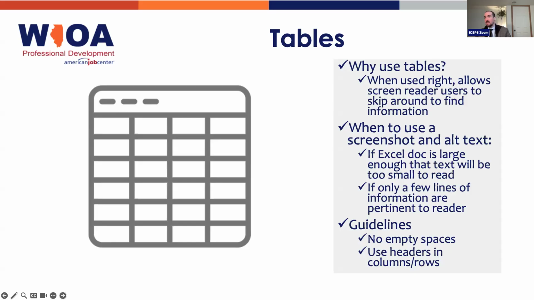It's time to skip a table and just take a screenshot of, for example, Excel and paste that in there if the text is a little too small. Like if the table is a little too big for it to be easily legible, like with the text font size that I had 85 slides ago, my recommendation is to just take a screenshot and paste it as a picture and provide alt text.